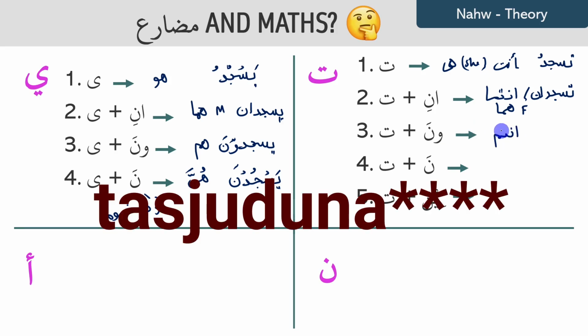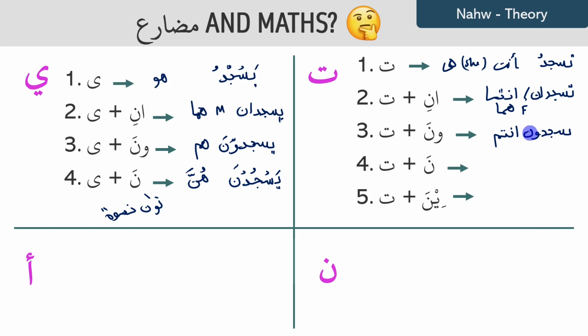Tasjuduna, you all are prostrating, this is what it means, or you all prostrate. Ta with the noon and the fatha, here the ta is a sign for second person and the noon is a sign for feminine plural, so this is antunna. And an example is tasjudna, which means you women prostrate.